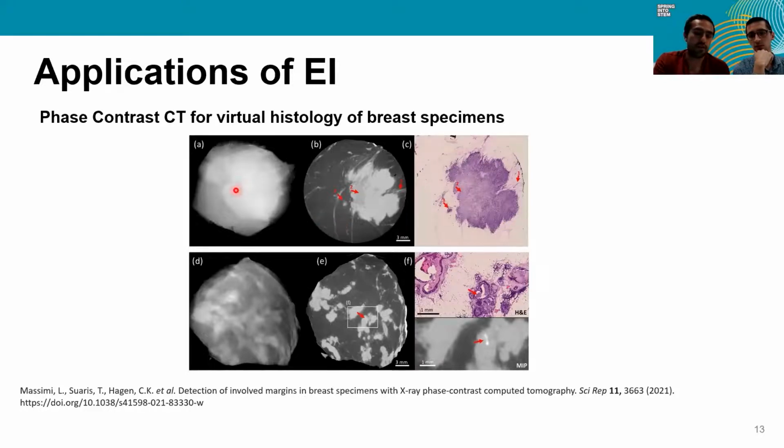So here on the left, I'm showing an attenuation image, which shows very poor contrast. And here in the middle, the phase contrast signal that gives you access to these margins and gives you information about the tumor after it's been removed.